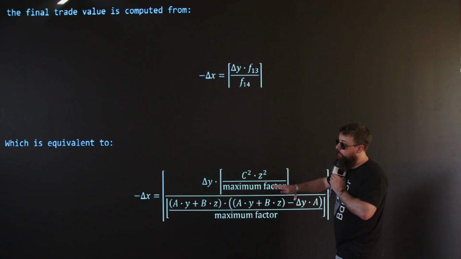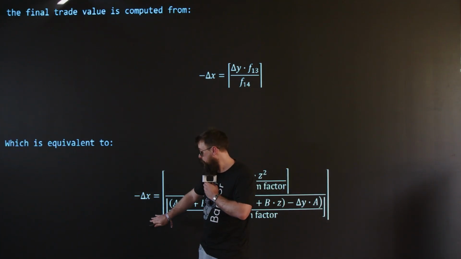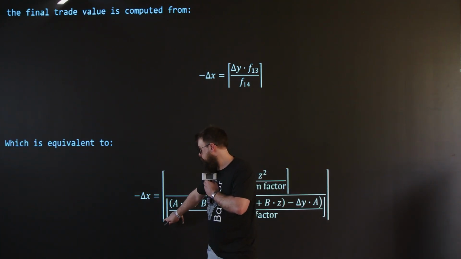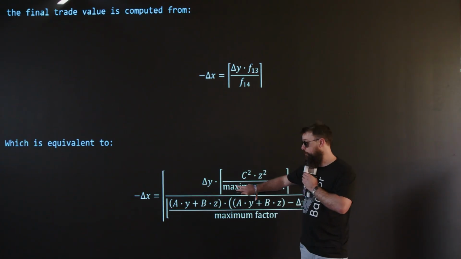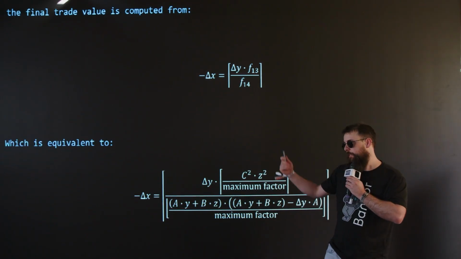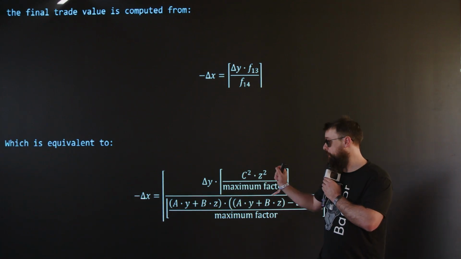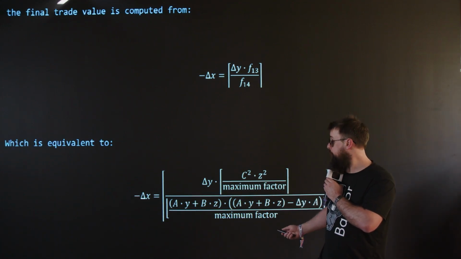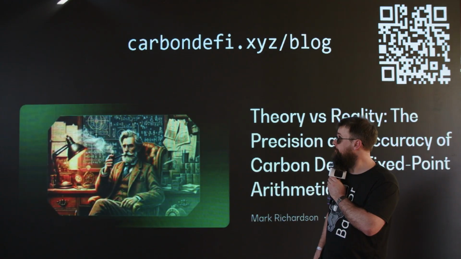And again, remember, for dx, we want to round this one up, which is why we have ceiling divisions on the numerator and over the fraction overall, while we're rounding down in the denominator to make dx the largest possible number within the tolerance that we're permitting on the contracts.